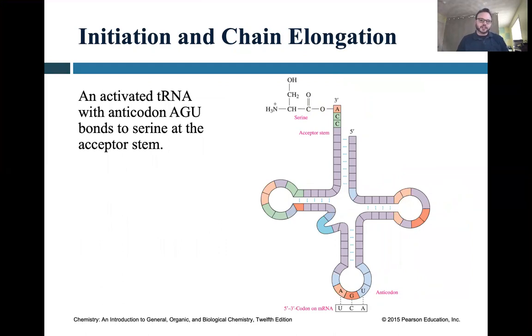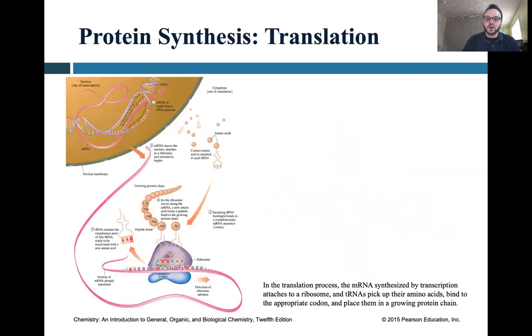It needs to charge the tRNAs. And what this will do first is find free serine floating around in your body, and an enzyme will come along and physically connect it to the tRNA. And that's called charging or initiation. And then once that is charged, it's ready to go into the whole system, right?